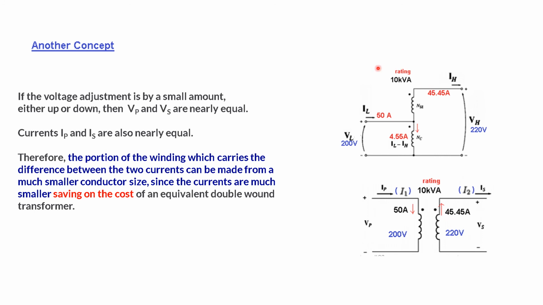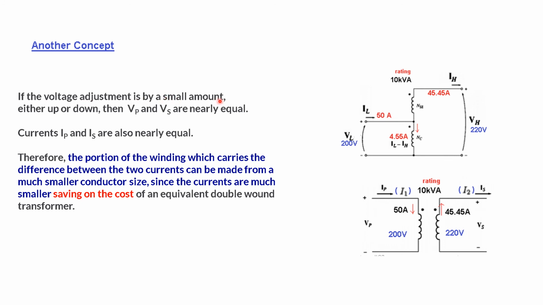But when we construct an auto transformer, we can make this winding of very light wire, since it only needs to handle 4.55 ampere, and this will of course be made with heavy wire. So this is what is being said here.